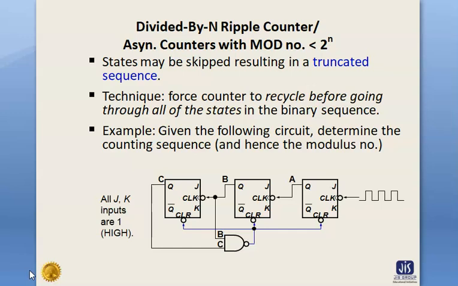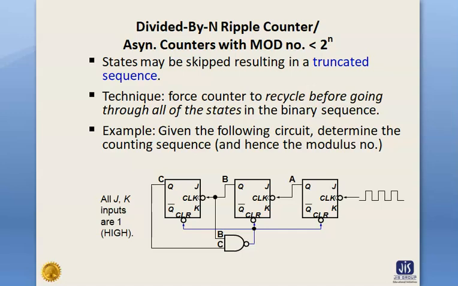To obtain the truncated sequence, it is necessary to force the counter to recycle before going through all its normal states. Whenever we want to count to a base n which is not a power of 2, we have to consider a divided by factor, which is the same as the modulus as discussed earlier. So these counters are called divided by n counters.